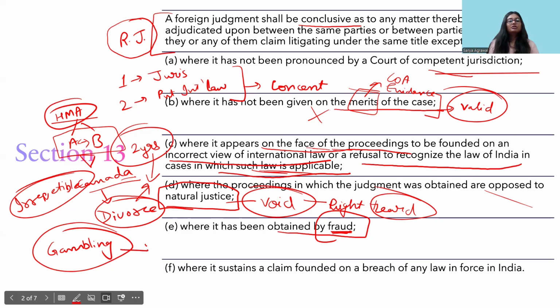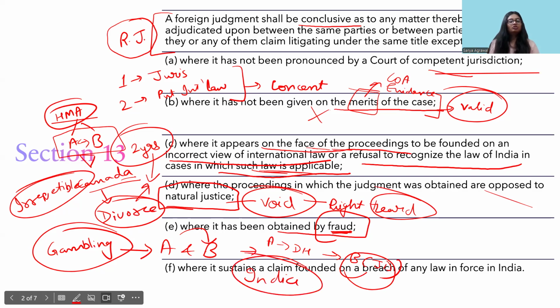So in case of gambling, there is a breach of contract between A and B and a suit is brought by A against B, and the decision is given in that court where gambling is legal in favor of A, that he is the decree holder who will be getting some amount from B as the judgment debtor. This decision is not valid in India because it will not be considered a conclusive decision, since it is a breach of the law in force in India. The law here is the contract law.